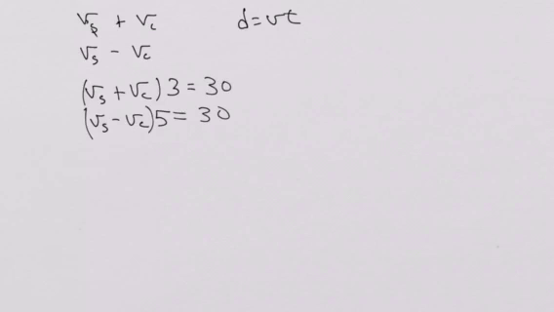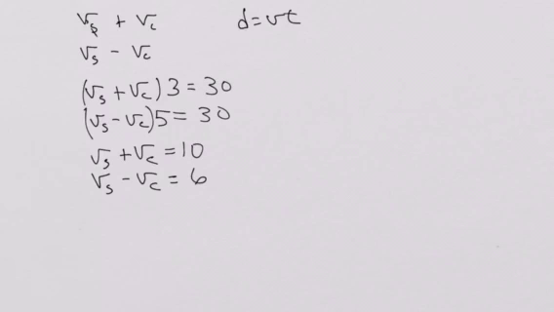This is a system of equations, and it's an easy system of equations to solve. If I divide by 3 in the first equation, and by 5 in the second equation, we're going to get that.